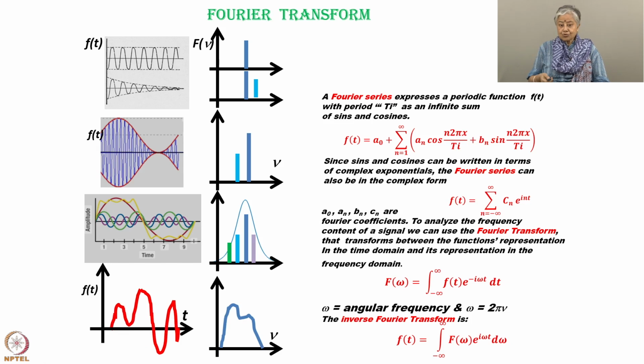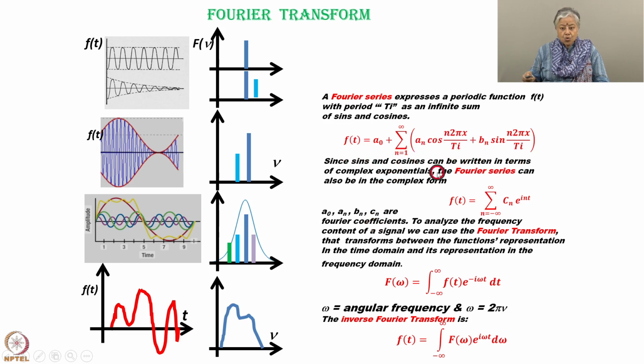For that you must know what a Fourier series is. In a Fourier series you can write the function f(t) as a summation of cosines and sines. So, you have f(t) equals a0 plus the sum of a cosine function and a sine function, and then there are some constants a_n, b_n.